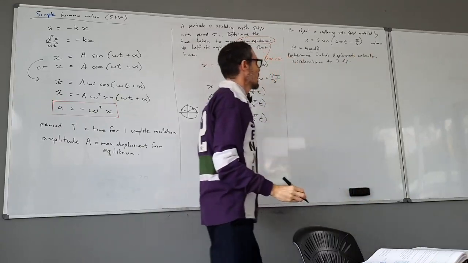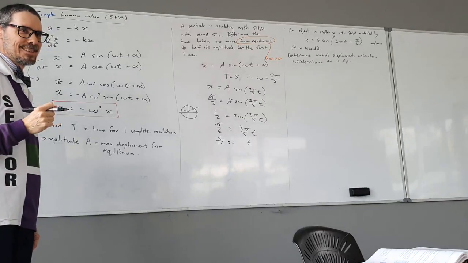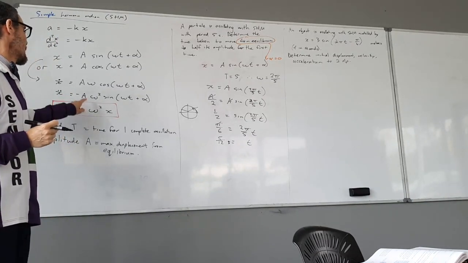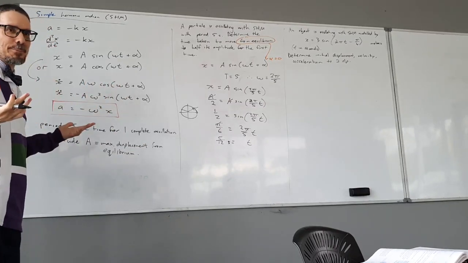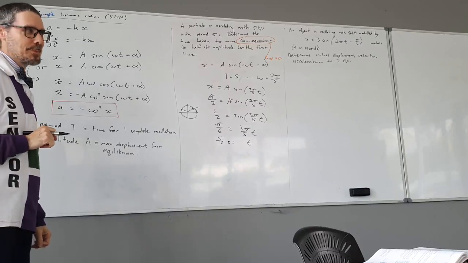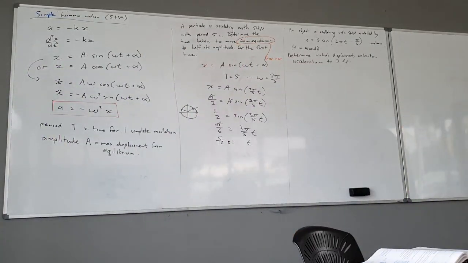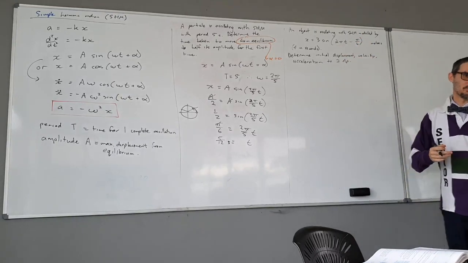So if we calculate omega, we can go straight from displacement to acceleration? Correct. If you can work out what omega is, you can learn all of these things straight away, or you can differentiate. It's up to you. That's right, it can help you if you can read straight away and go, well, I can work out what omega is and therefore.